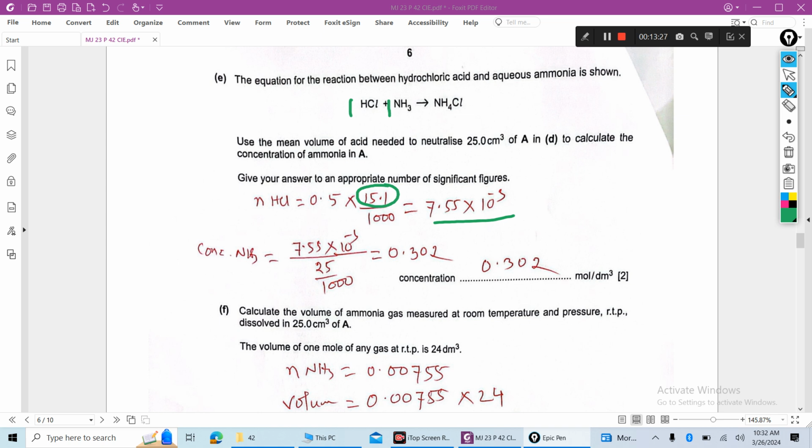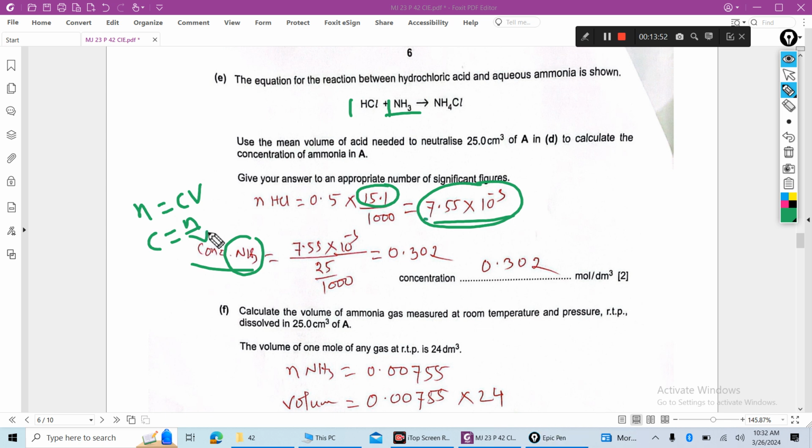Now the moles of ammonia will be this mole value. Then the concentration of ammonia: n equals CV, so C equals n by V. I mean concentration equals number of moles divided by volume.